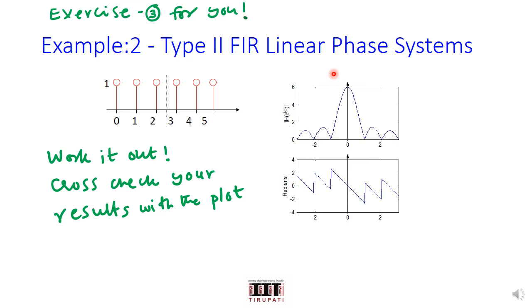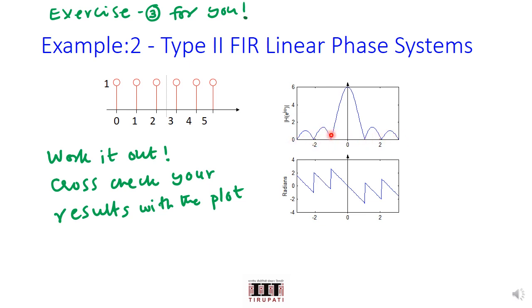And then of course you are encouraged to code it in software like MATLAB and generate these results. All I would do here is bring your attention to something about the zeros. We have seen at z equal to minus 1, it has a 0, which means at plus or minus pi this should become 0. That's one simple cross check that you could do.